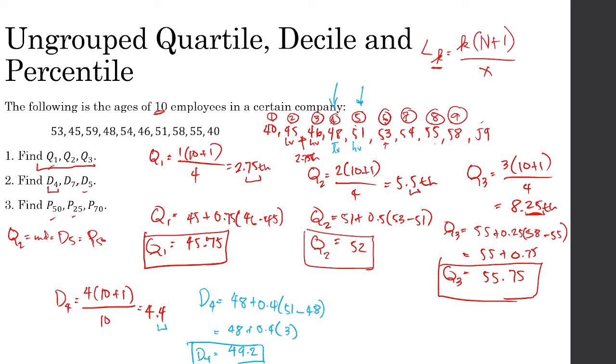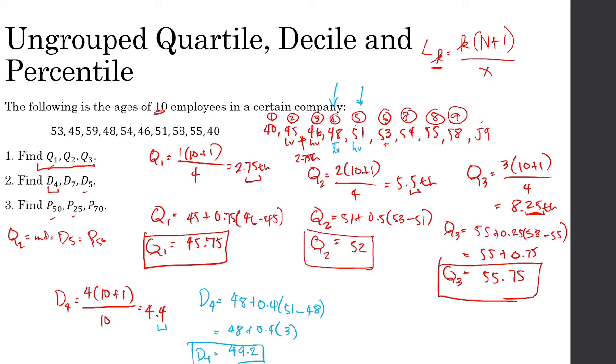Meaning to say, the bottom 40% of your ages is actually 49.2 years old and below. So, that is how we use it. Okay, because we are talking about ages here.